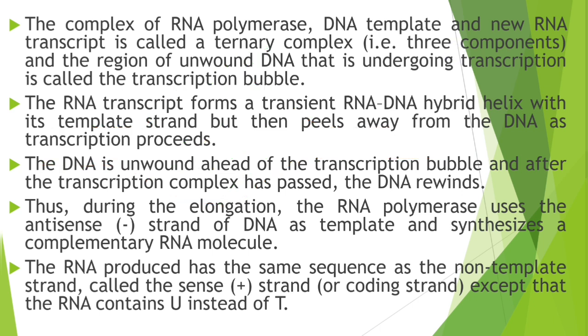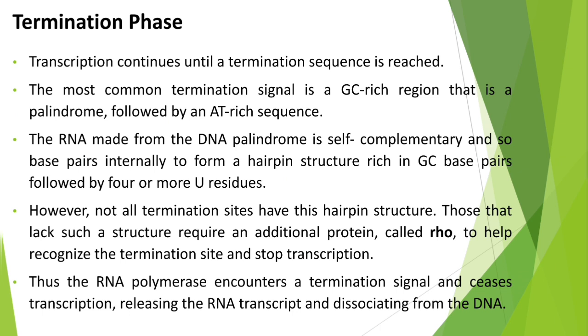Next, termination. Finally, the termination. After elongation, transcription continues until a termination sequence is reached. The initiation site has a TA region, so it is called the TATA box. Likewise, the termination sequence contains GC, so it is called a GC rich region.